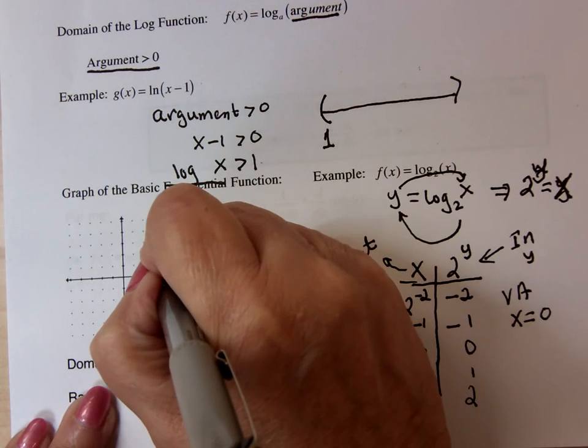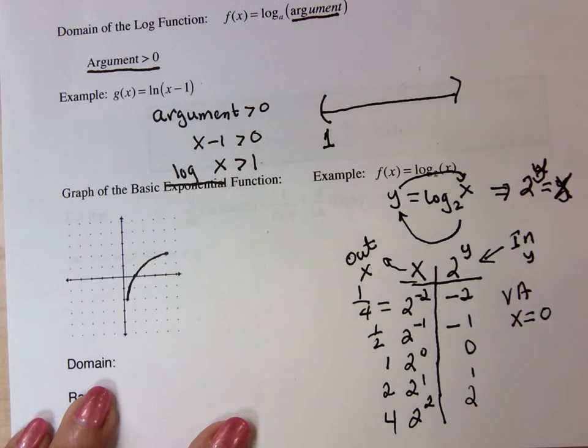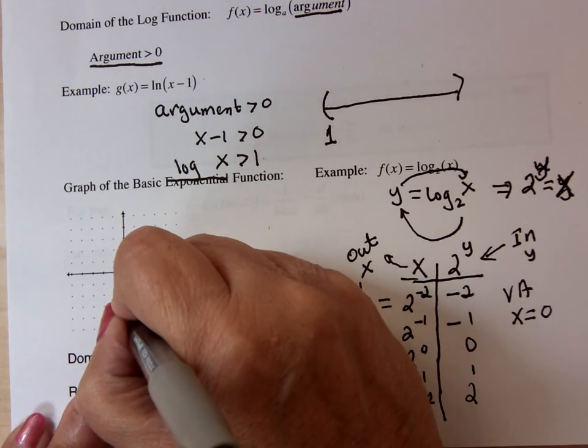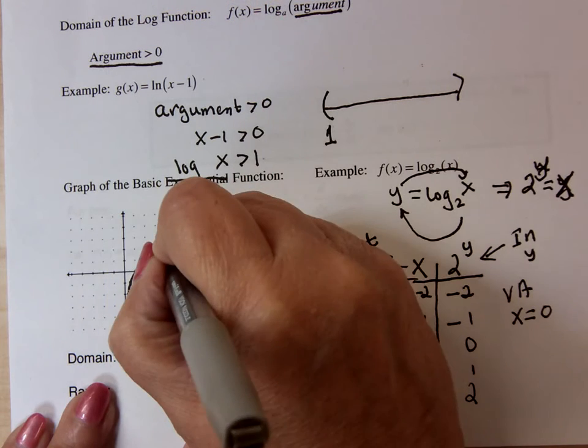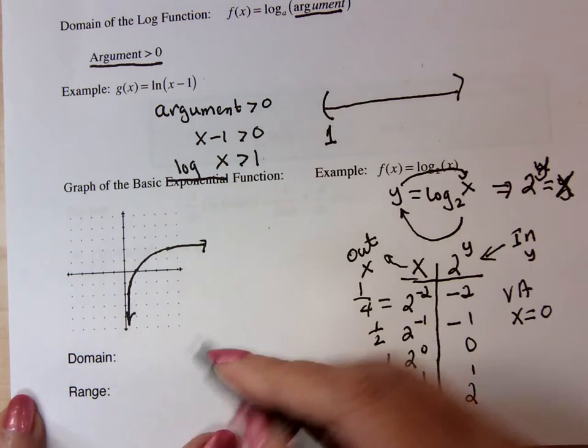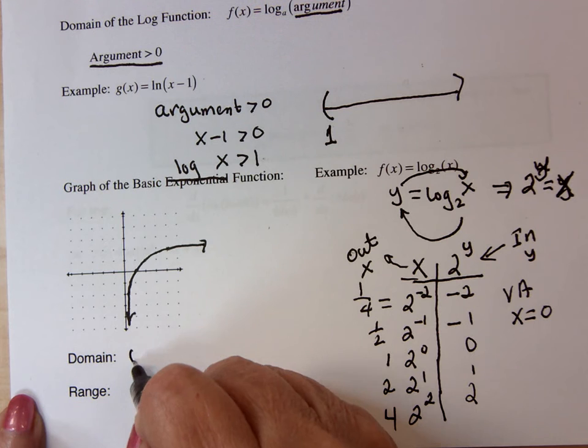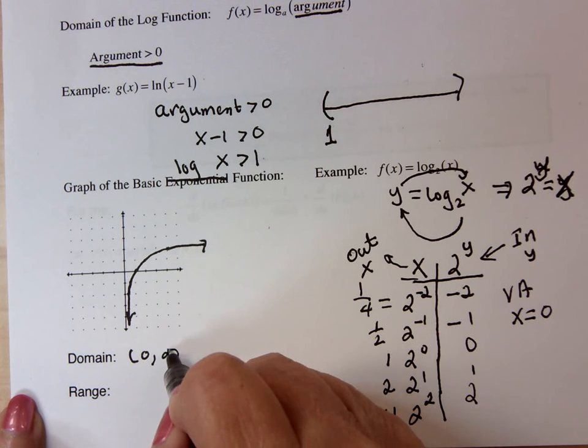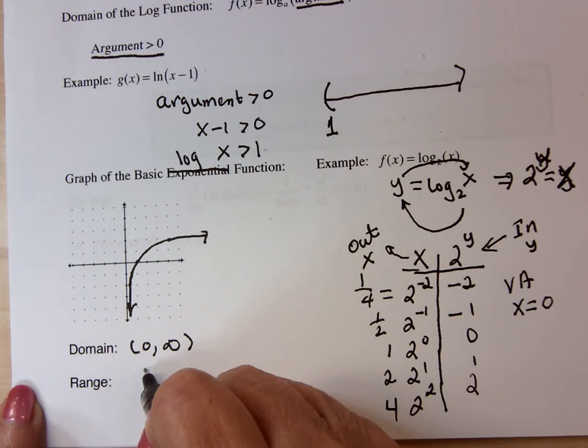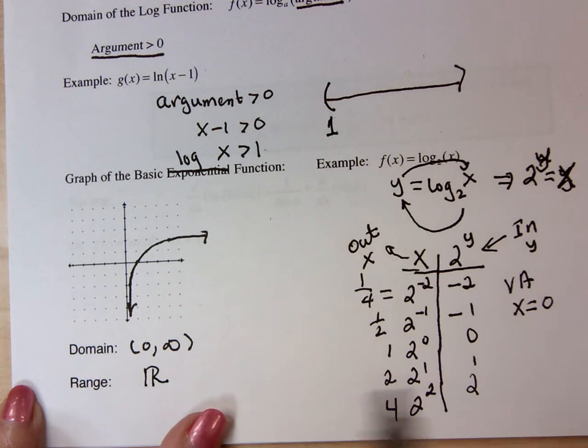So there he is. He has a VA at 0, and he goes out. So his domain is 0 to infinity, and his range is all real numbers.